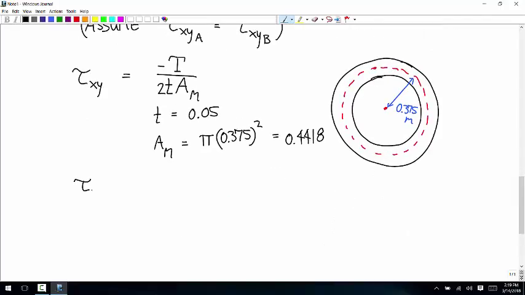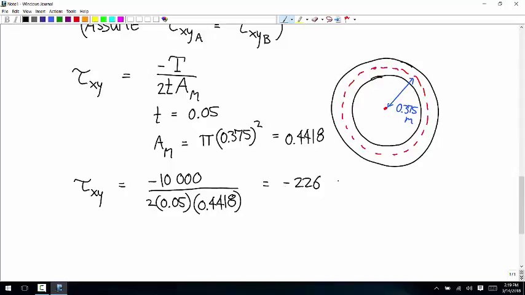Okay, so tau xy is equal to negative 10,000 divided by 2 times 0.05 times 0.4418. And what do you get for that? 354. And that's pascals.